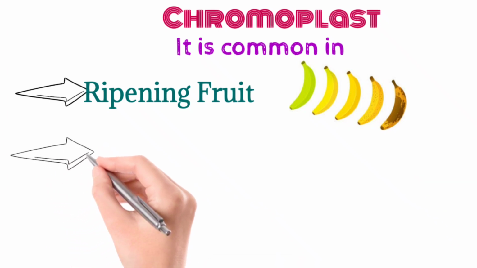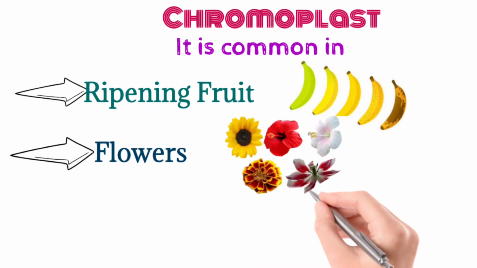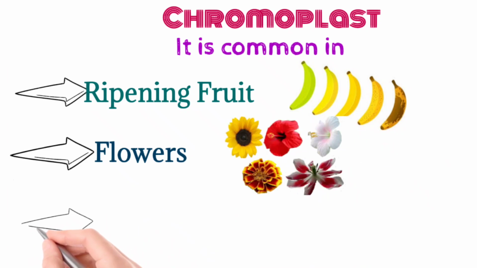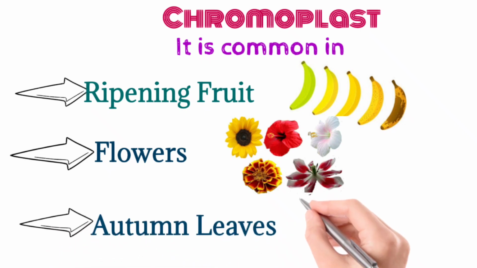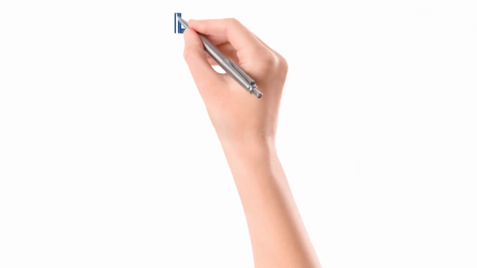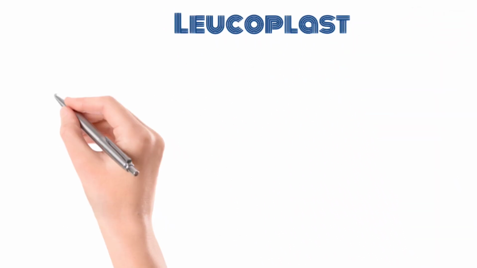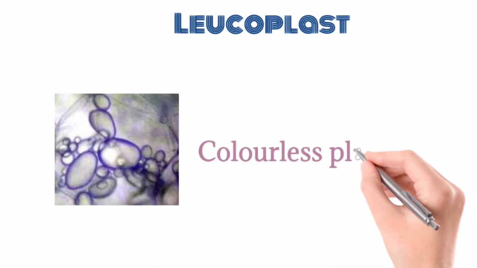It is also common in flowering. Different types of color in the flowers is done by the chromoplast, and autumnal leaves also contain chromoplast. The last one that is known as leucoplast. It doesn't have any color, so it is the colorless plastid.